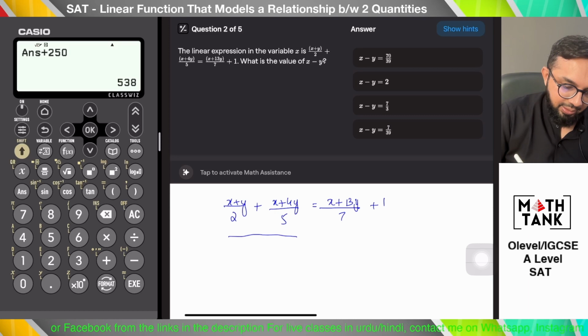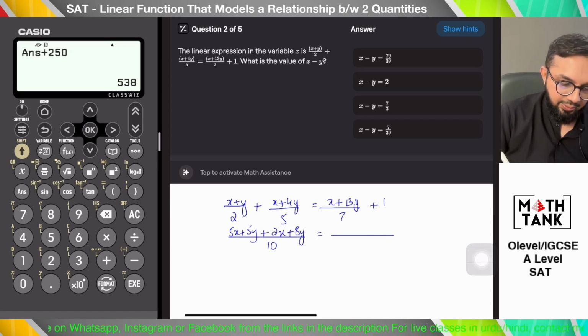Let's take an LCM on this side and say that this is 10. So this becomes 5x plus 5y plus 2x plus 8y. Let's take a common denominator here as well: 7x plus 13y plus 7.